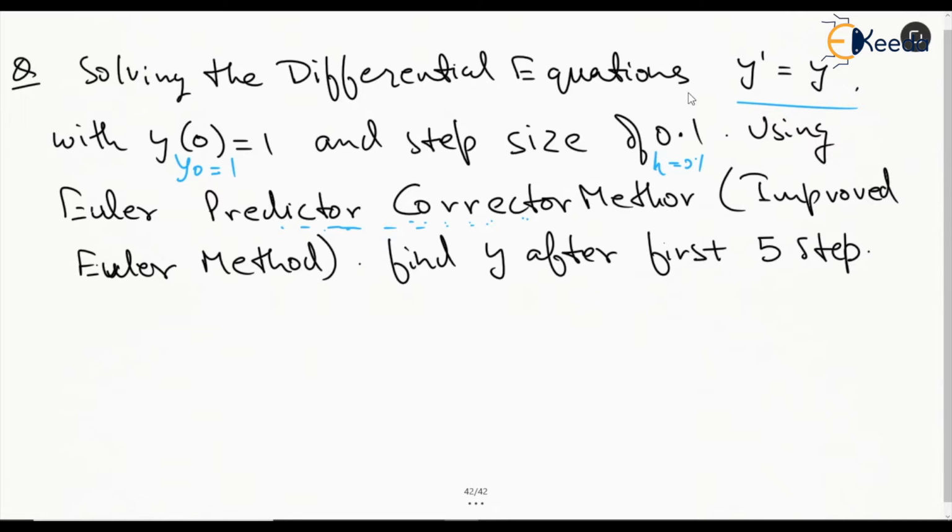So 5 step means, with h equal to 0.1, y1 will be at x equal to 0.1, then x equal to 0.2, then 0.3, then 0.4, and then 0.5, like that.